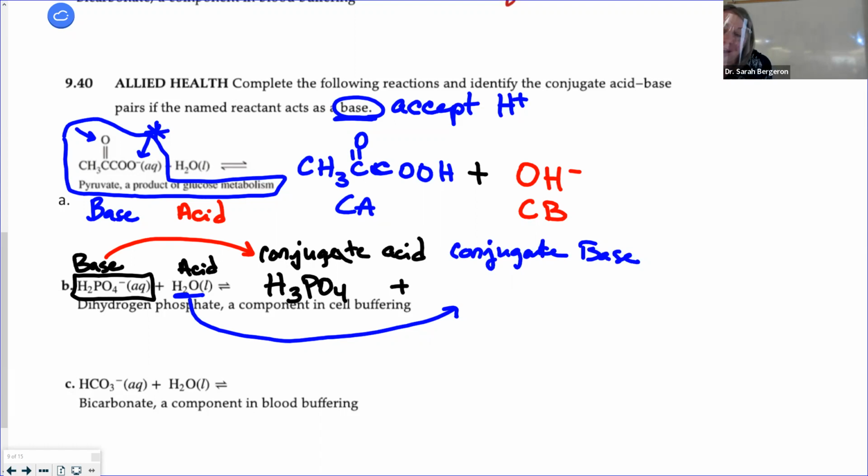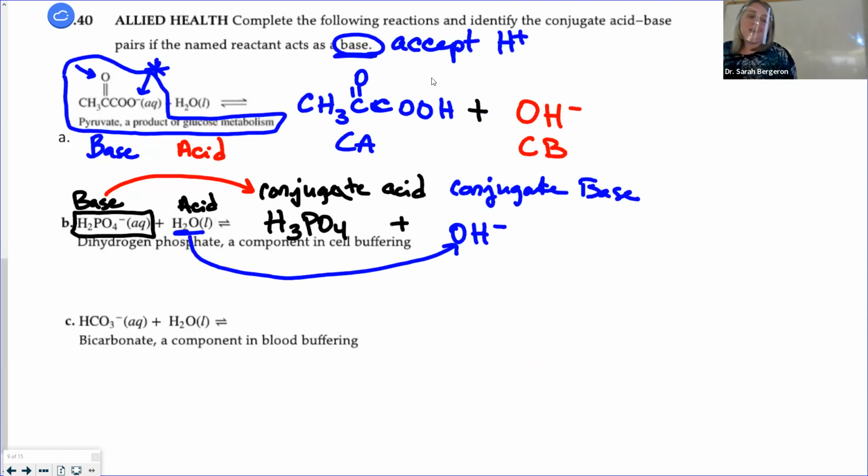It just loses the hydrogen and becomes OH minus. Okay, the last one, HCO3 minus is acting as a base.